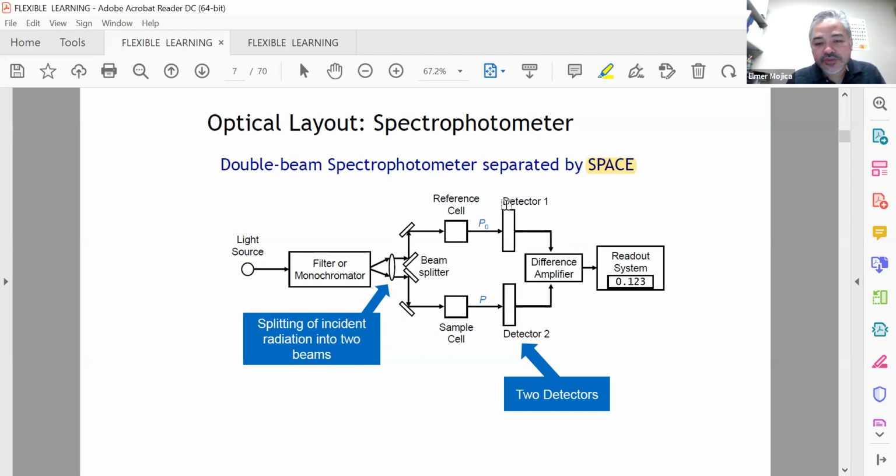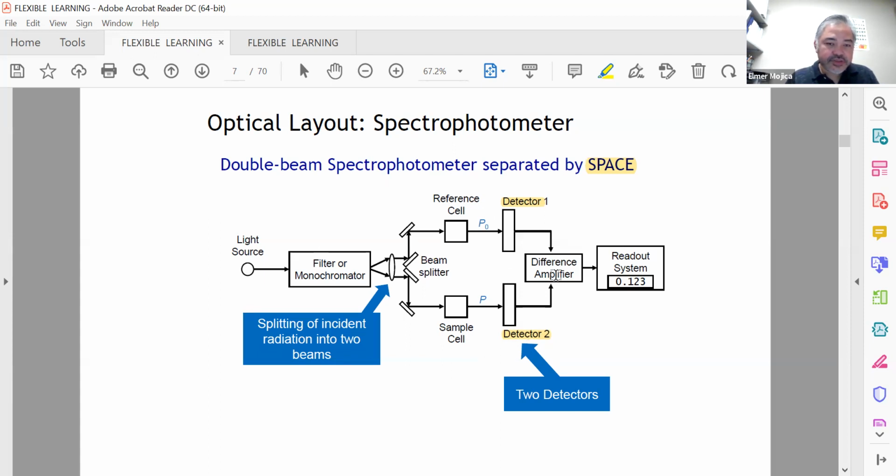So you will also have two detectors, one that monitors the signal from the reference and one that monitors the signal coming from the sample cell. Then there is a difference amplifier before the signal is transmitted to your readout system.